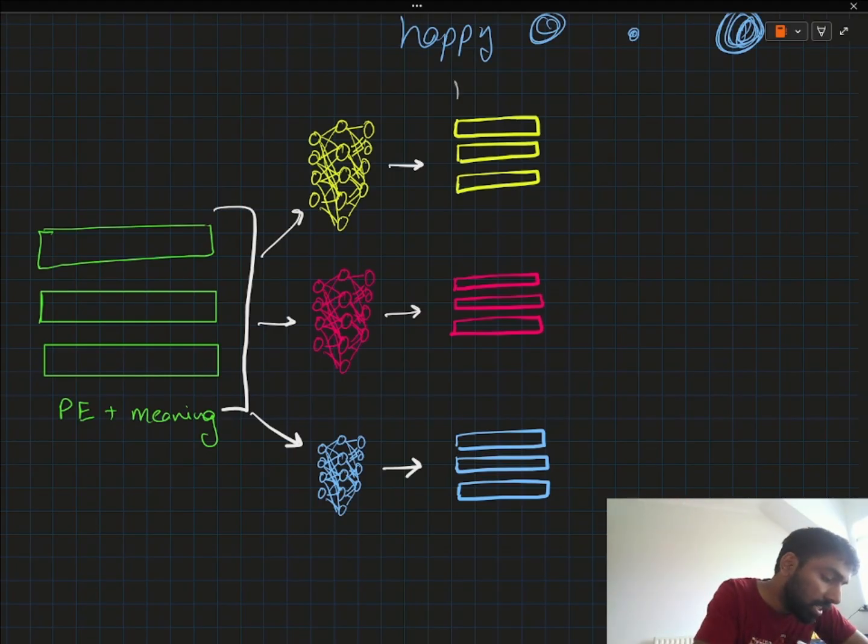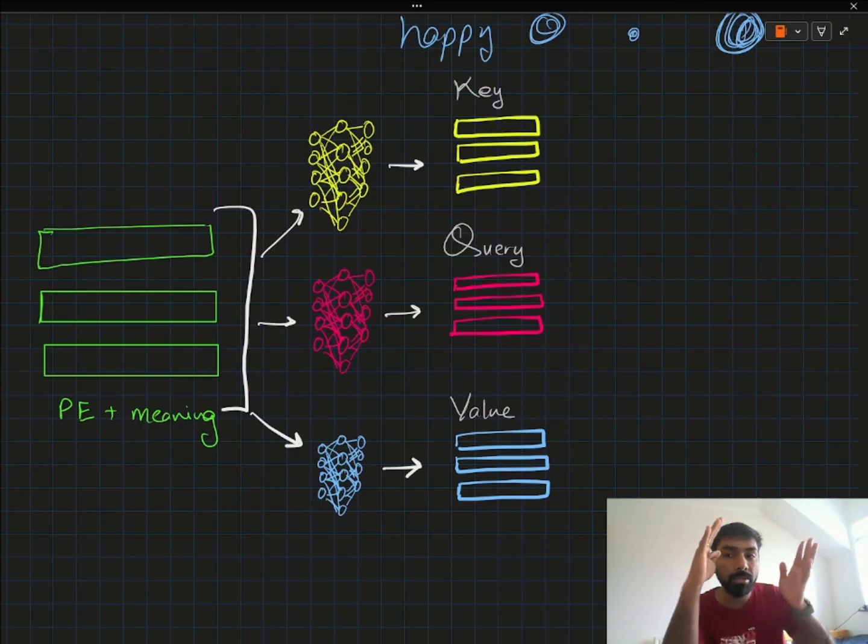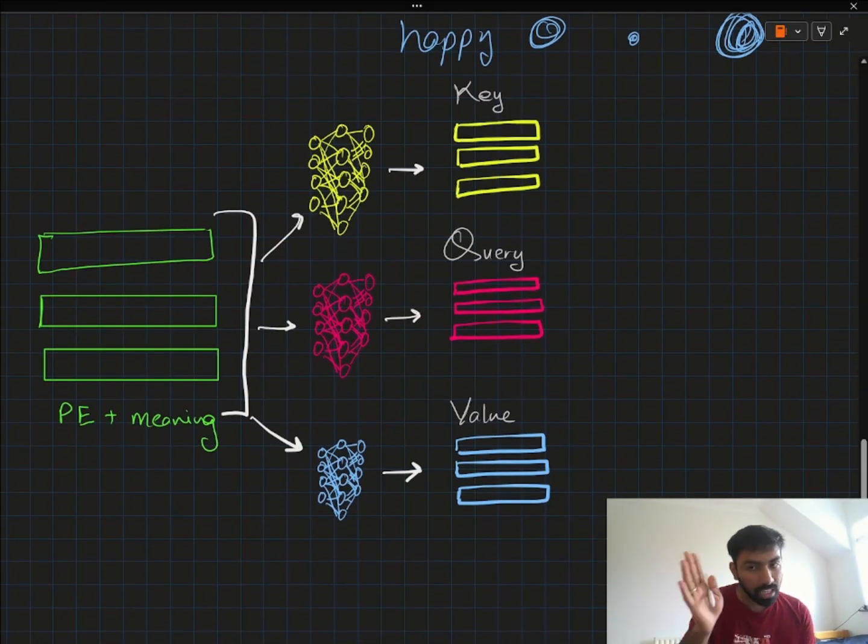I'll call these K, Q, V. K means key, Q means query, and V means value. This concept is taken from DBMS, database management system, which implies that for every key that I query, I get a value, right? When we query a key, we get a value. That's the complete idea.